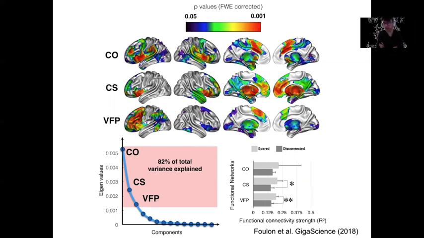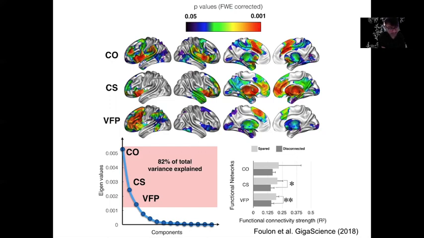What we can do, and we had the chance to have the resting state of our patients, is try to look whether these networks were functioning properly in our patients. And so we looked at the cingulo-opercular, the corticostriatal, and the ventral frontoparietal-temporal network that you can see here at the bottom right of our slide.